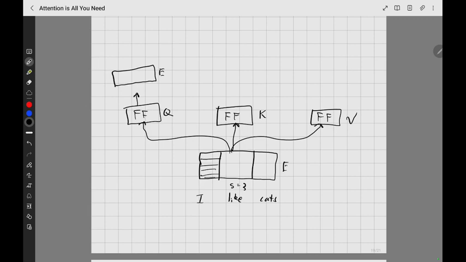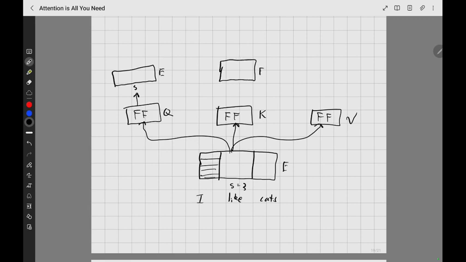So this would be 3 by some arbitrary dimension, S by E, and we're just linearly transforming along the E dimension. It's changing the vectors in some way to represent them differently, just to separate the queries, the keys, and the values from each other so that we don't have the same matrix.